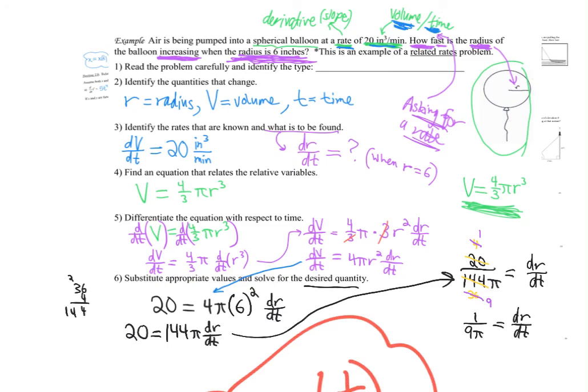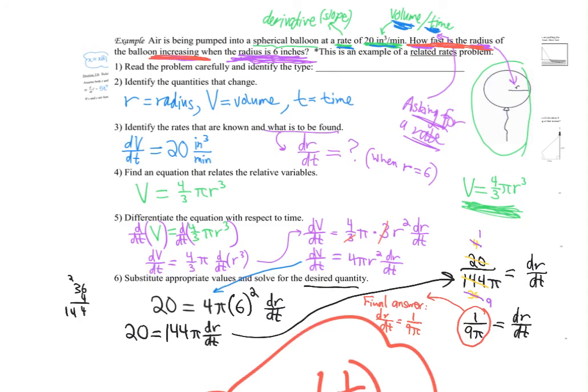But what does this number mean? How do I interpret this number? It's saying how fast the radius is increasing, so this is a rate. Let's try to put the units on it. Our final answer would be that dr/dt is equal to 1 over 9 pi.